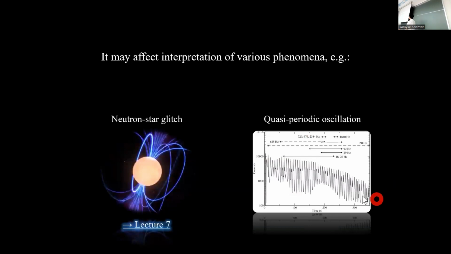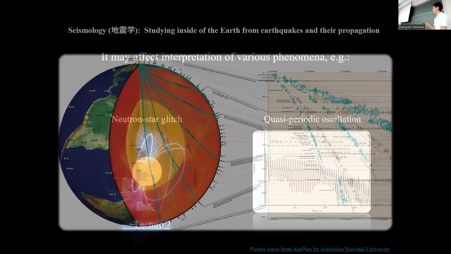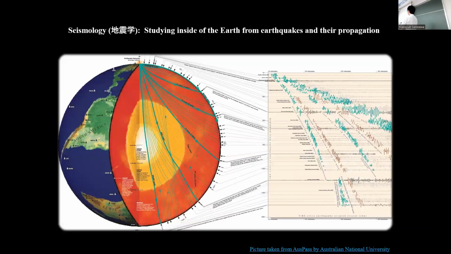And by analyzing this oscillation pattern using Fourier analysis, we know that there are some characteristic frequencies in this oscillation. So it must be related to the structure of the neutron star. And this is an analogy of seismology. In Japanese, it is jishingaku.